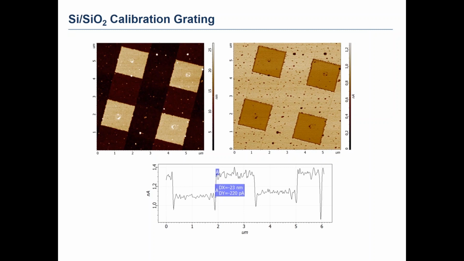Because these are two chemically different materials, silicon and silicon oxide, we can see the contrast. Using this test sample, we can make conclusions about the spatial resolution of the technique, and in this case, it is about 20 nanometers.